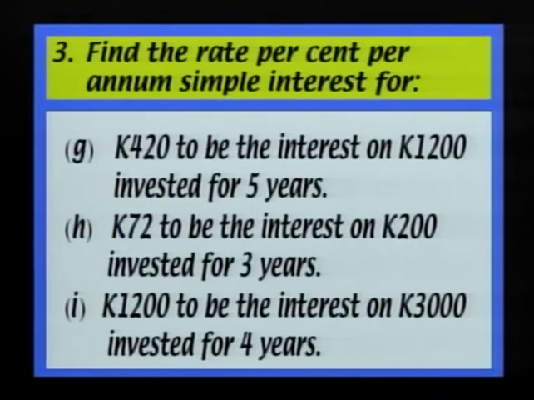Gabriel, H. Oh, you were not here. Chutaili, letter H. 12%. 12%. Right, letter I we did, it's 10% for letter I.